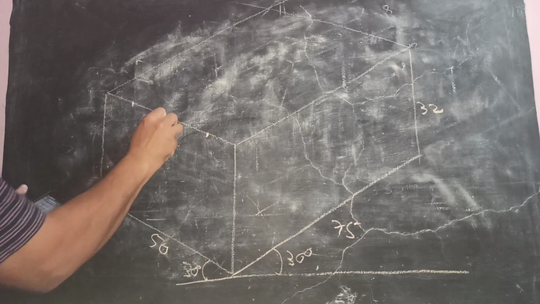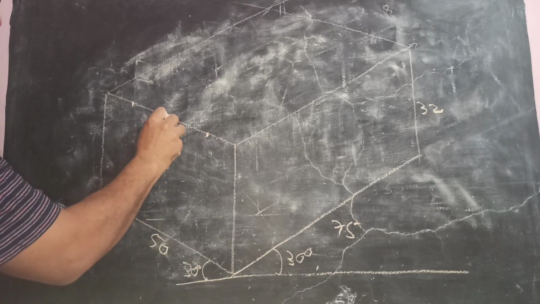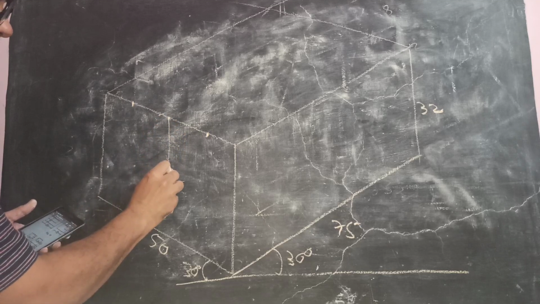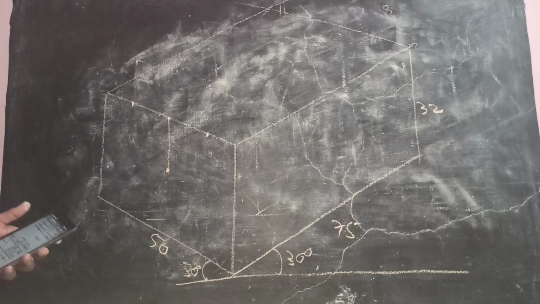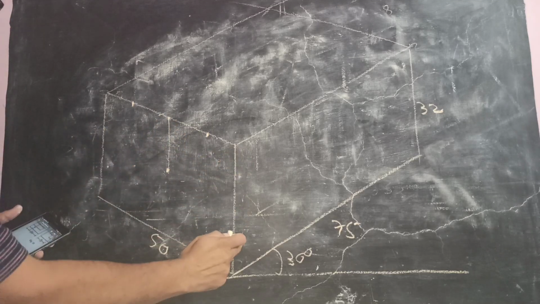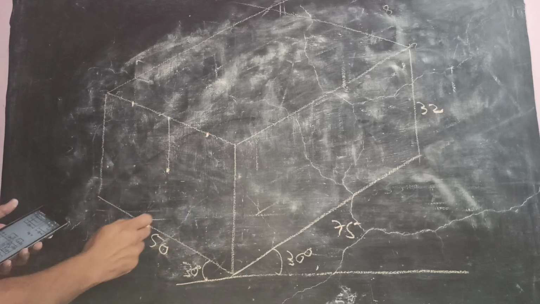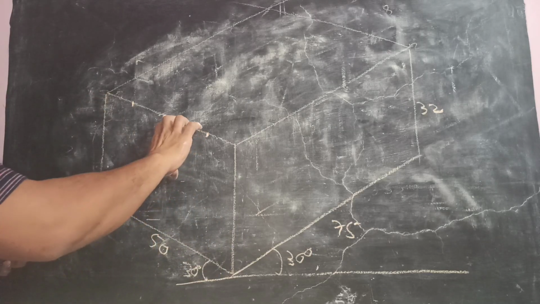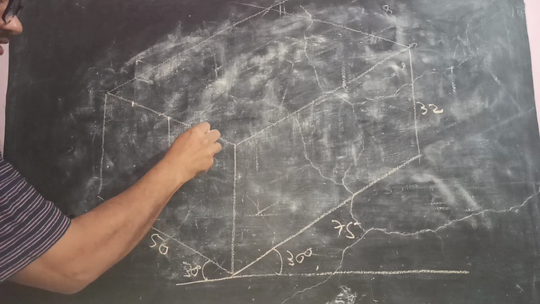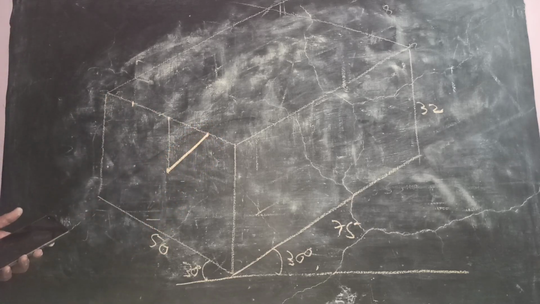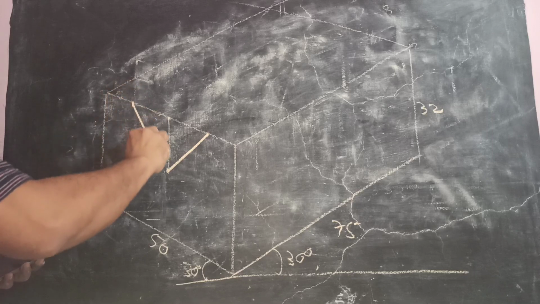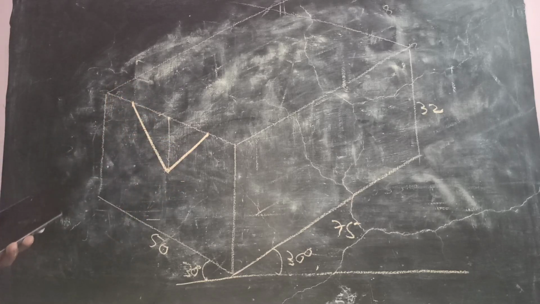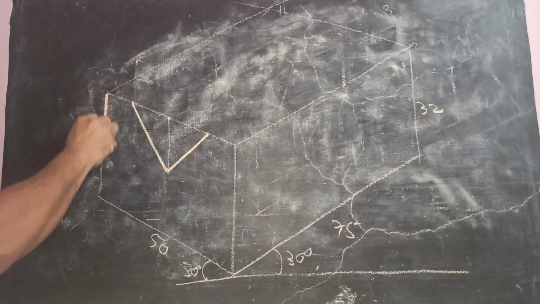Take the midpoint of this, draw a faint vertical line of 16 mm. This line must be parallel to this vertical line. This total is 32, so this must be 16. Join this with this, and this with this. So you will get this V groove here.